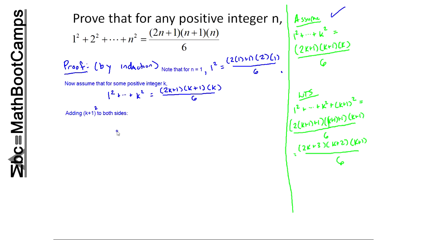Why would I do that? Because I want to show this, and the left-hand side has a k plus 1 squared added to it. So the goal is to make this look like this. That's my first step, get the left-hand side to look like it, hoping that the right-hand side falls into place. So this will be 1 squared plus ... plus k squared plus k plus 1 squared equals all this plus k plus 1 squared.